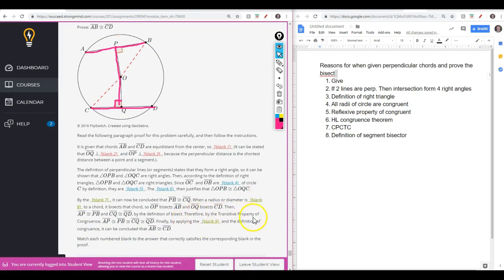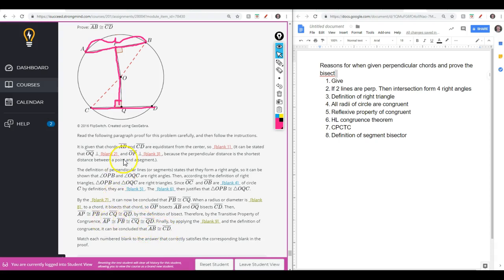It says, therefore, by the transitive property of congruence, segment AP is congruent to segment PB, which is congruent to segment CQ, which is congruent to segment QD. Finally, by applying the blank and the definition of congruence, it can be concluded that segment AB is congruent to segment CD. Also, there is a relationship between what they were listing, segments AP, PB, CQ, and QD, and what they concluded.